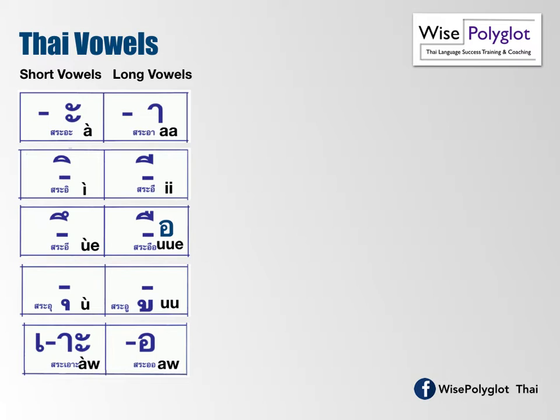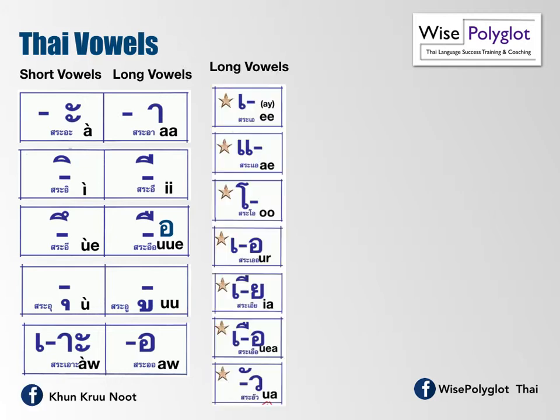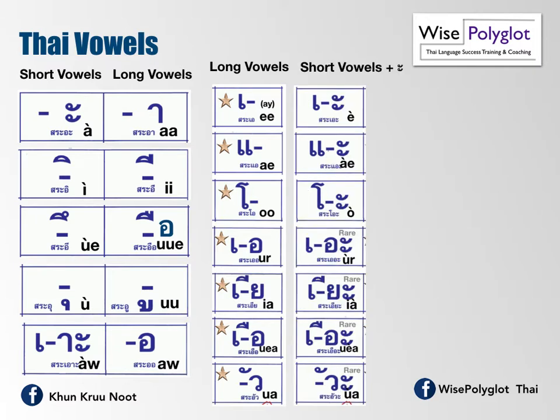Okay, and next, here is a little bit more special. I will call these a little bit more complex vowels because there are more items to remember. The reason I have the star on them is to help you remember, because the short vowels basically are something that you don't really need to study.